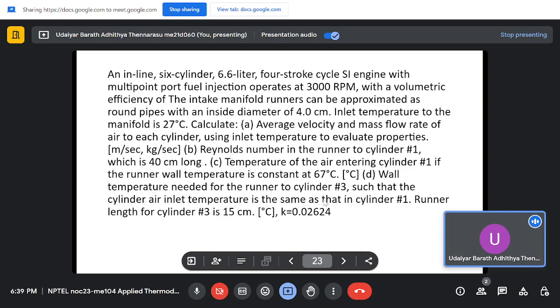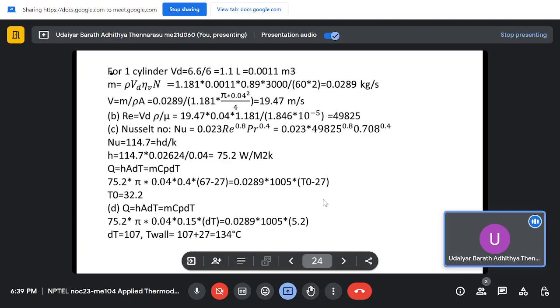So the first question is we need to find the average velocity and mass flow rate of air entering each cylinder. For one cylinder, the displacement volume will be 6.6 divided by 6, because 6 cylinders have a total capacity of 6.6 liters. So each cylinder will have a displacement volume of 1.1 liter, which comes out to be 0.0011 meter cube.